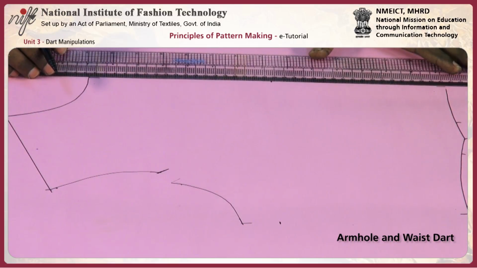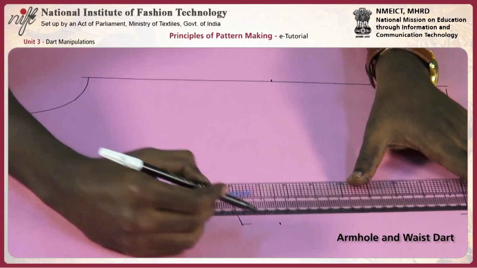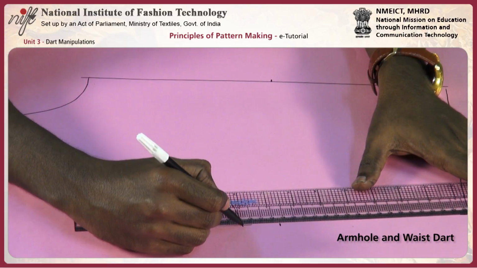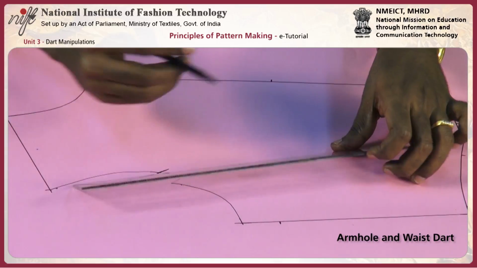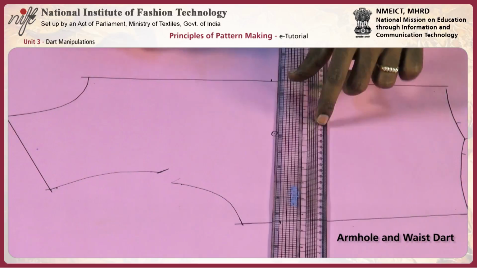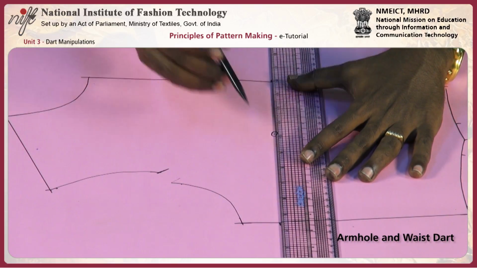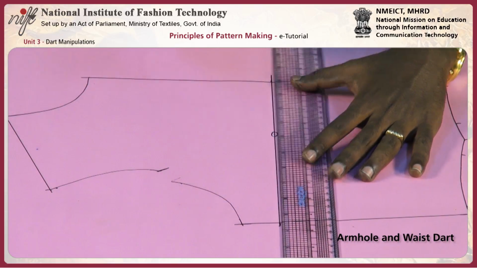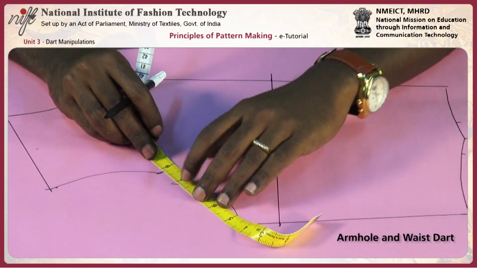Join the center front line. Join the side seam. Mark the bust point. Draw the bust line. Mark the dart midpoint.